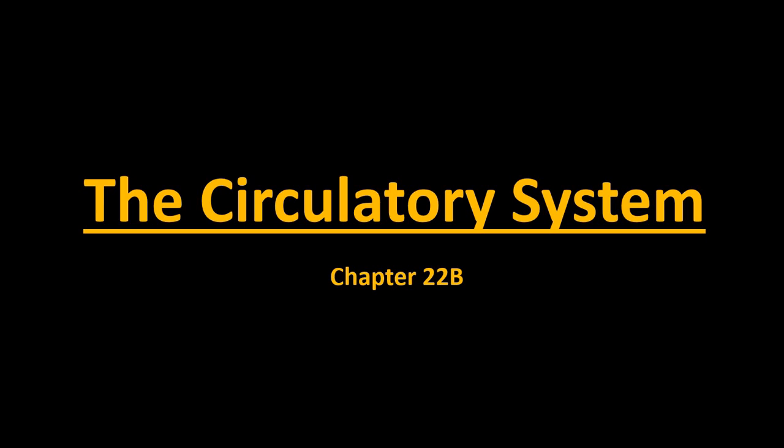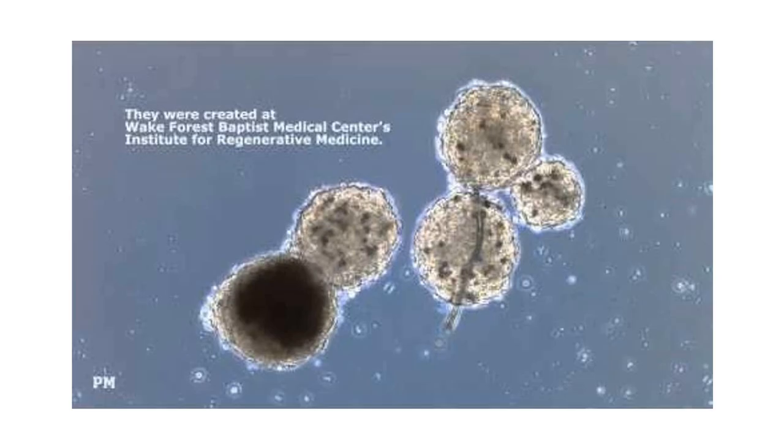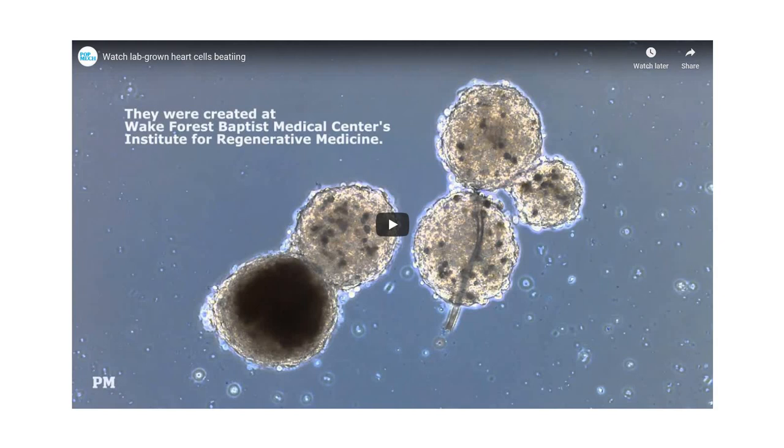We are once again going to be talking about the heart, specifically today how the heart is able to beat, which is actually pretty cool. What you're seeing in front of you are living cells that were created, as it says, at the medical center.